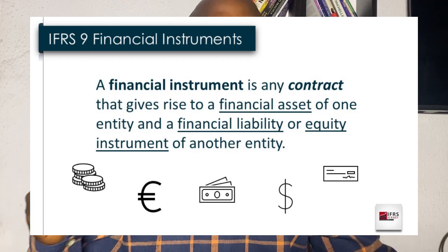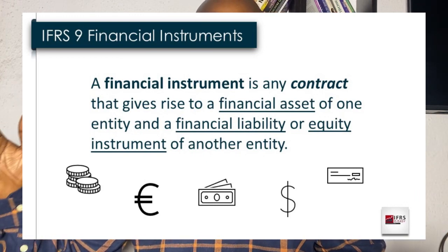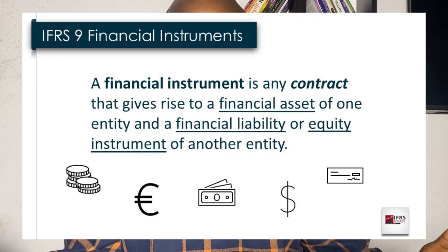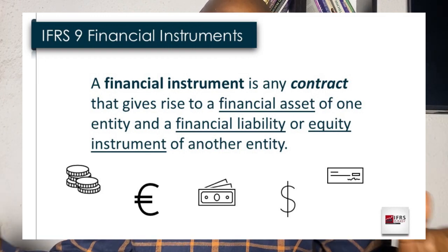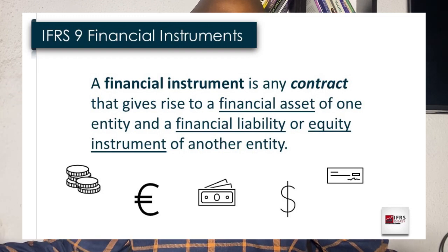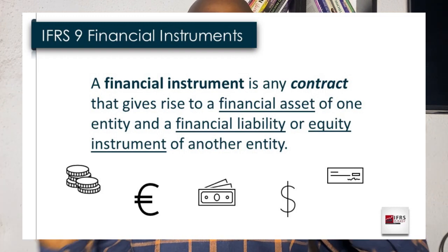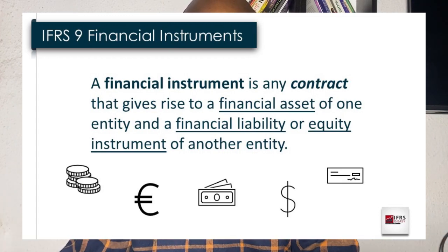If you remember our basic accounting, it says assets equals liabilities plus equity. The same thing applies here, because what we are looking at is financial assets vis-a-vis financial liabilities and equity, but we'll be looking at what each of them means very soon. The underlying understanding here is that when you have a financial asset somewhere, you have to have a financial liability or an equity instrument somewhere else.